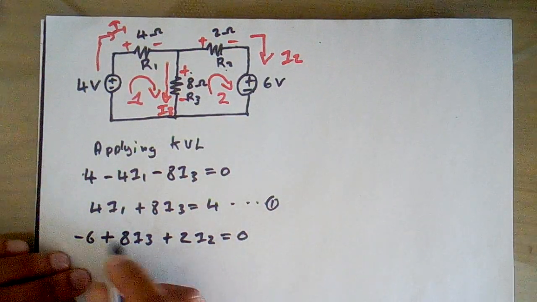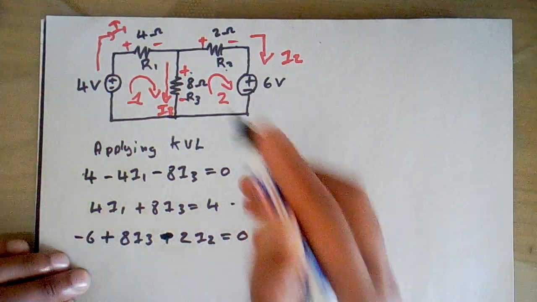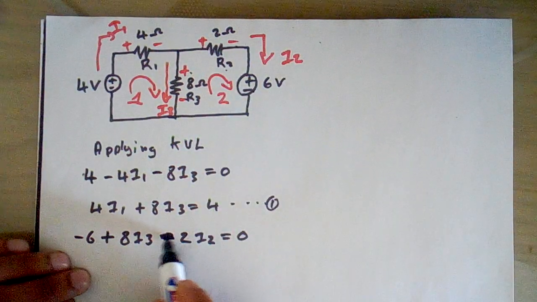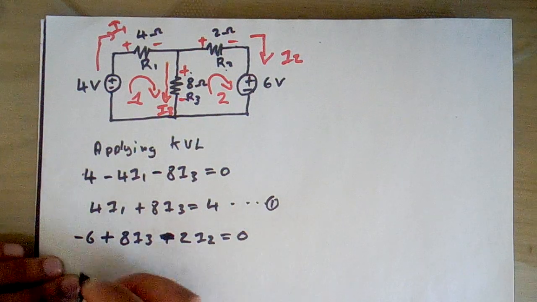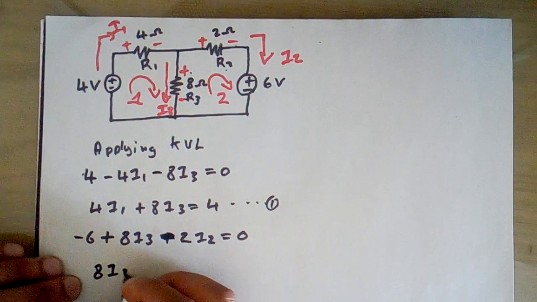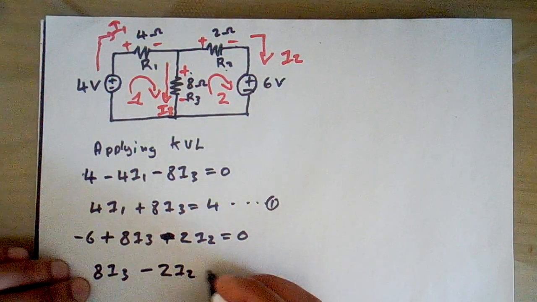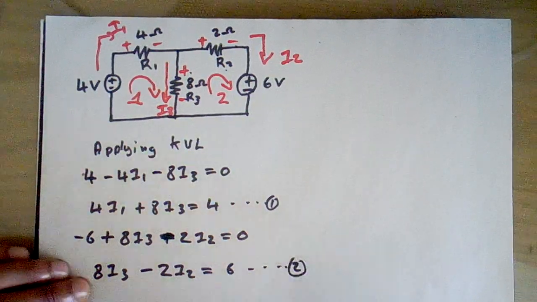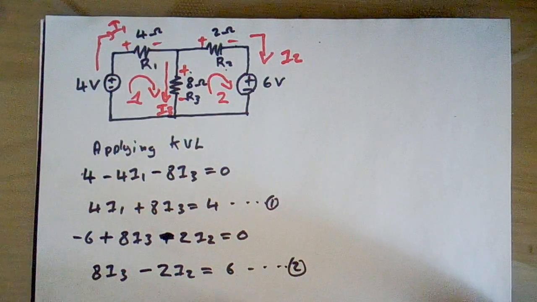If we take this, it's negative because the voltage here goes from positive to negative. So our equation is going to be 8 I3 minus 2 I2 equals to 6. This is our equation 2.